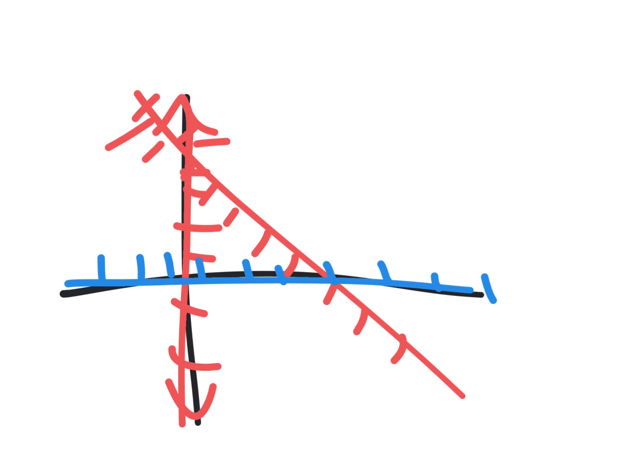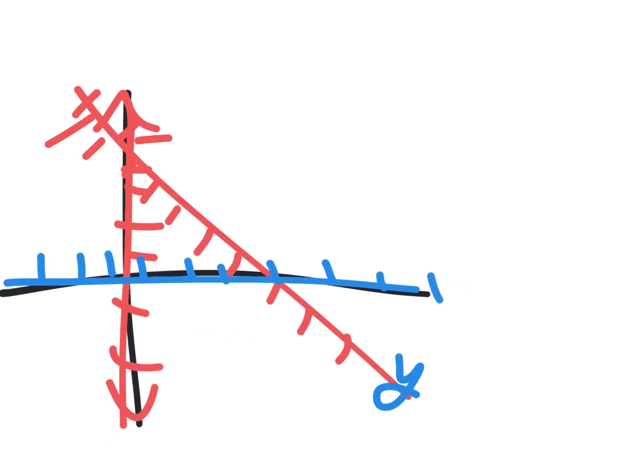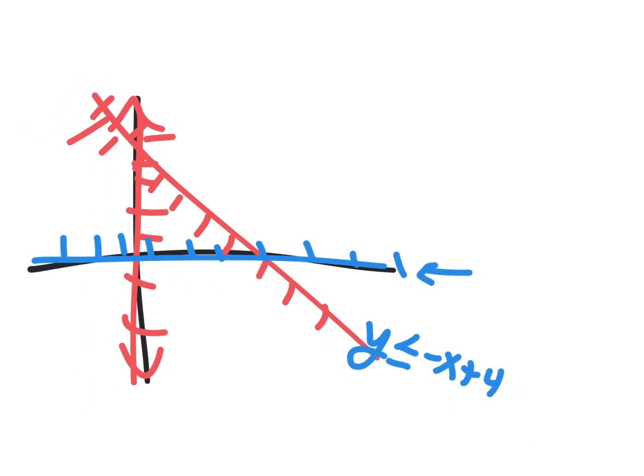All right, now I'm going to tell you this equation right here was y is less than or equal to negative x plus 4. This line right here is the x-axis, so it's y equals 0, but I shaded above it, so it's y greater than or equal to 0.